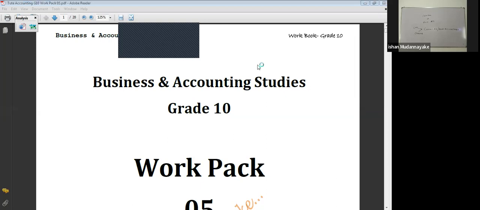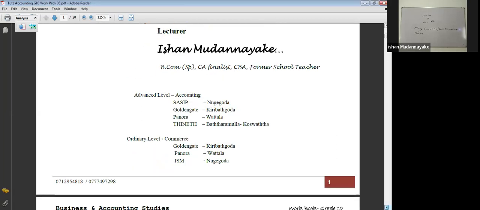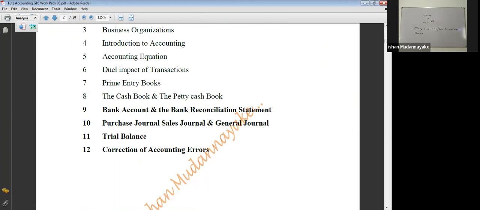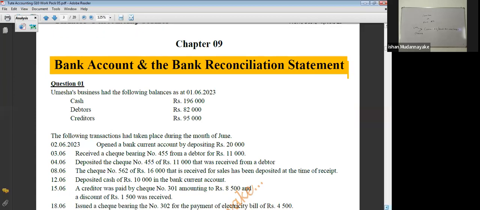Last day we prepared the cash book, cash account and bank account. If you haven't prepared them, quickly prepare a cash book as well as a bank account.